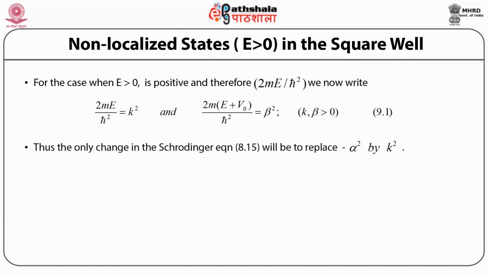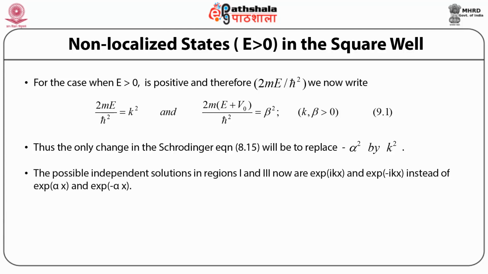Thus, the only change in the Schrodinger equation 15 represented in the previous module is to replace minus alpha square by k square. The possible independent solutions in regions 1 and 3 are now given by exponent iota kx and exponent minus iota kx instead of exponent alpha x and exponent minus alpha x.